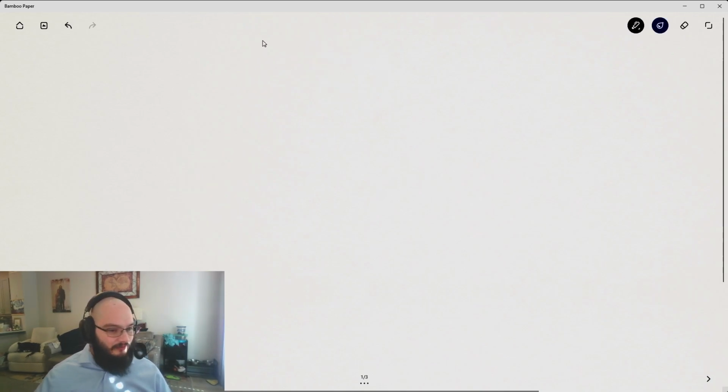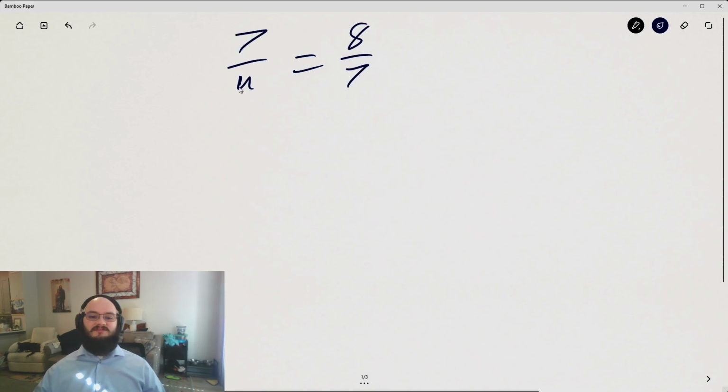Our second example is 7 over n is equal to 8 over 7. So this is one where the equivalent fraction method doesn't really work, because there's not a clear thing we can multiply 7 by to turn it into 8, or vice versa. I mean, you can multiply it by a fraction, but that's a bit convoluted.